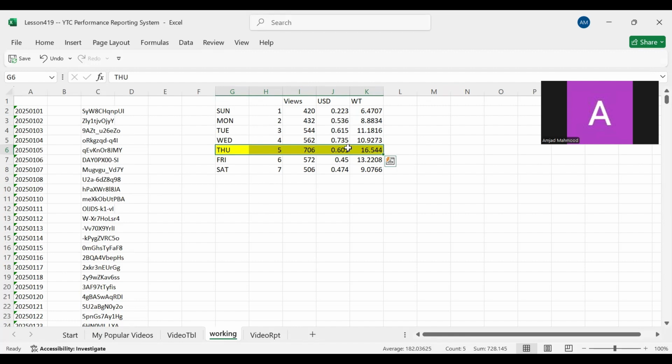The best of our content loaded on Thursday would probably be more meaningful and more effective compared to the other days of the week, right? As you can see, here are the 706 and this, so it's a clear leading day for us.